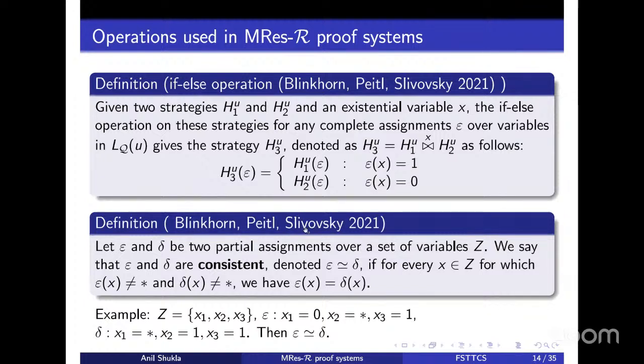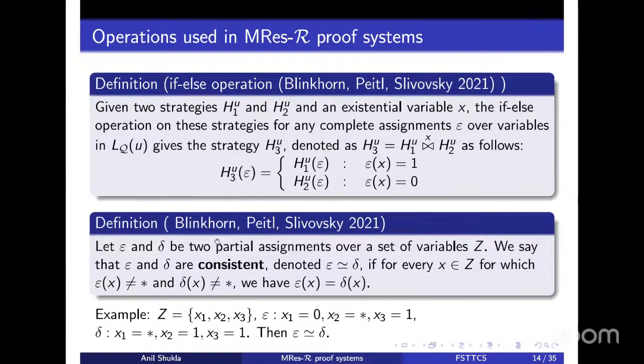Now I want to define when two strategies are consistent. Let me first define when two partial assignments are consistent. Suppose two assignments, delta and epsilon: if they are not both don't care, then for every variable they should match.